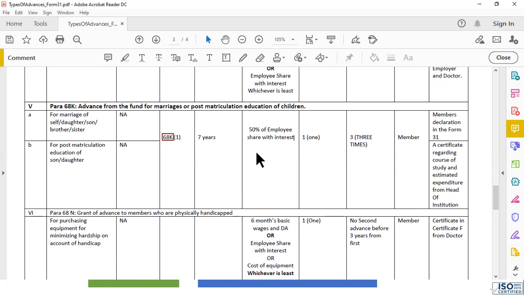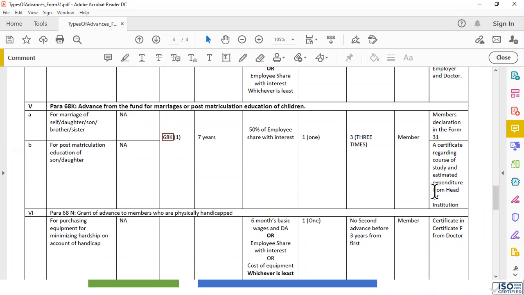For our higher education, does it come under abroad education? Look, you need to furnish a certificate regarding course of study and estimated expense from the head of the institution. Yes, why not? It is not saying that you are required to study in India only.